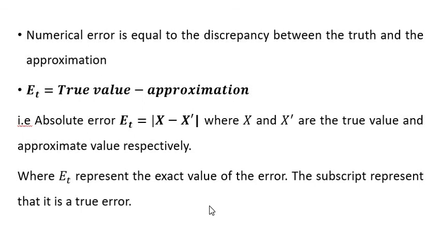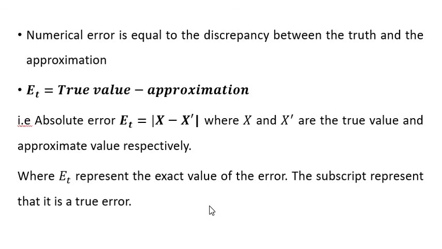Numerical error is equal to the discrepancy between the truth and the approximation. That is, Et equals true value minus approximation. So if x is the true value of a quantity and x dash is its approximate value, then the error is defined as the difference between x and x dash, and it is denoted by Et.